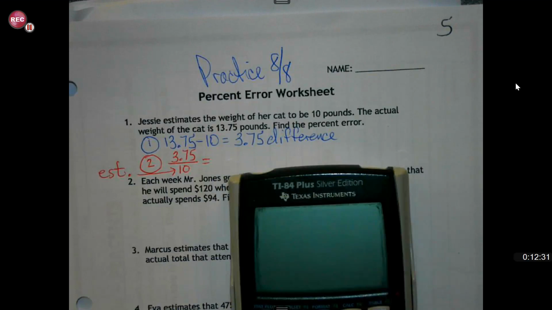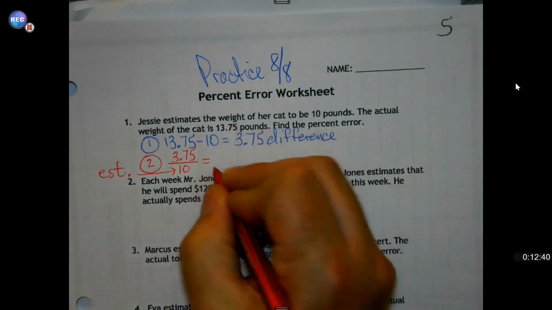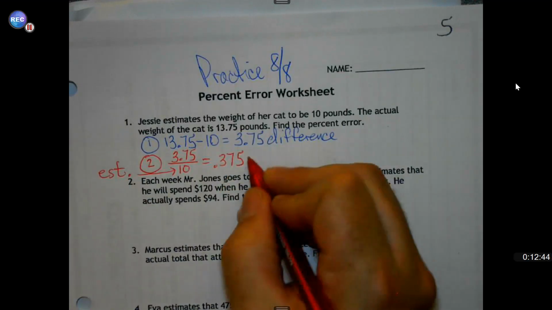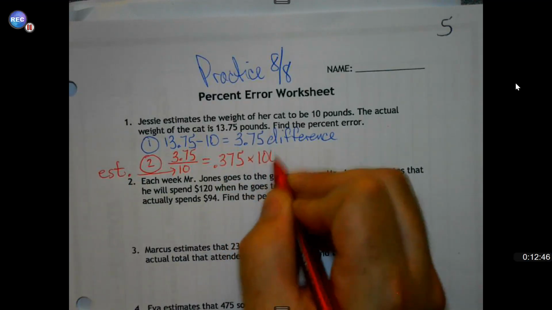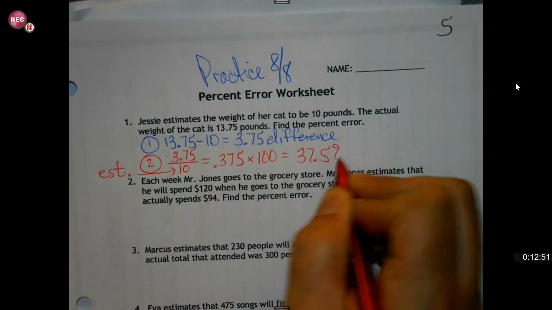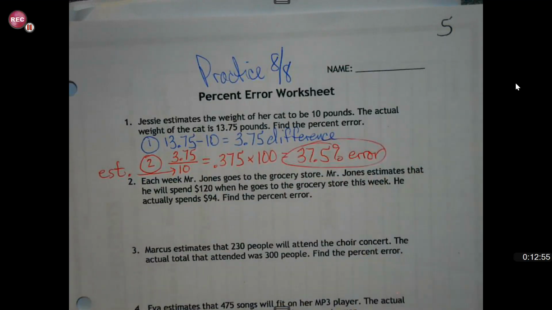And we'll punch that in. So I get the decimal, the 0.375. But again, I want the percent. So that actually is quite a large error that was made here with my percentage.